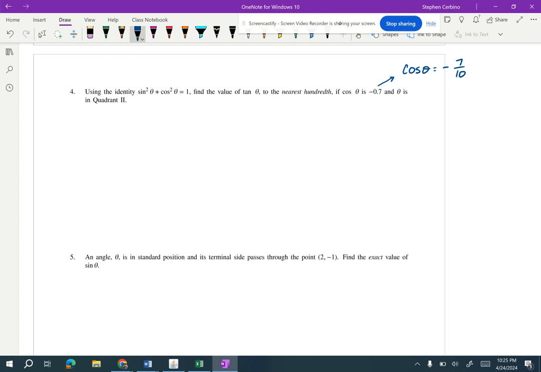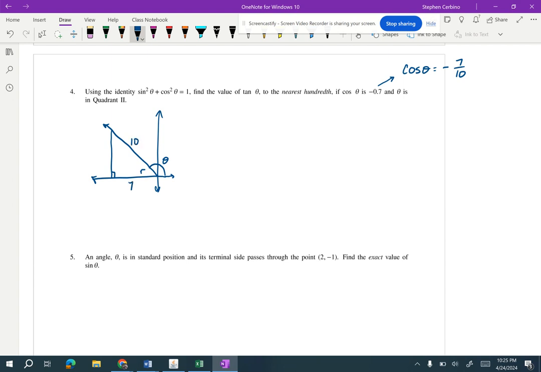And we know it's in quadrant 2, so let's draw a quadrant 2 angle. So here's our angle coming around, terminating somewhere in quadrant 2, and we'll drop down our right triangle. So theta is over here, reference angle's in here. So if we're talking about cosine, that's the adjacent side over the hypotenuse.